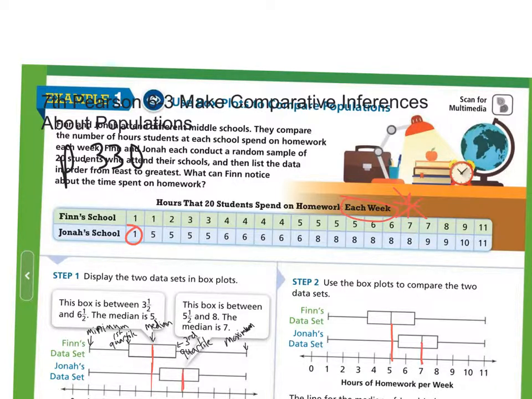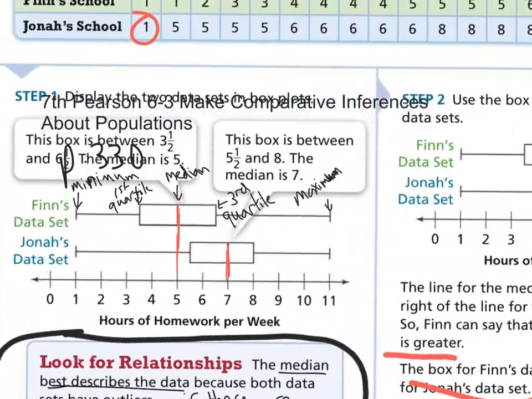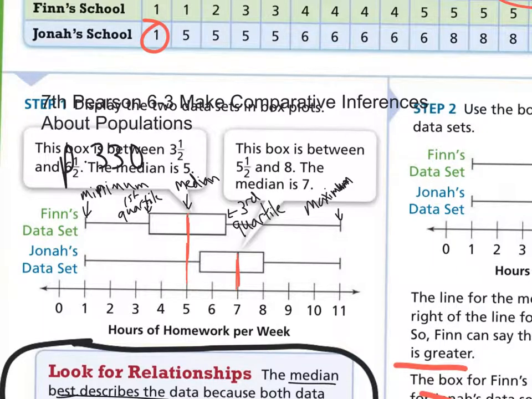For Finn's, it's a little bit more difficult to detect. Again, the book's saying both of these have outliers. I don't know that Finn's school has so much of an outlier as Jonah's school does, so I might disagree with that a little bit. But anyway, since at least one of them had an outlier, let's look at the medians.